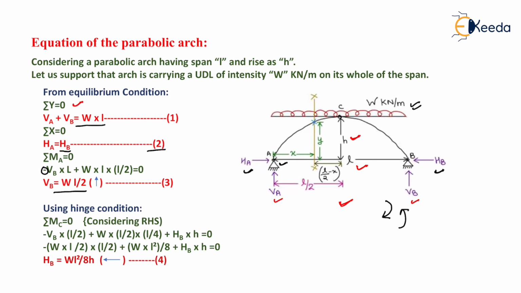By solving this equation, we get VB is equal to W into L by 2 in the upward direction. Now we will use our fourth equilibrium condition, that is moment about internal hinge C is equal to 0.